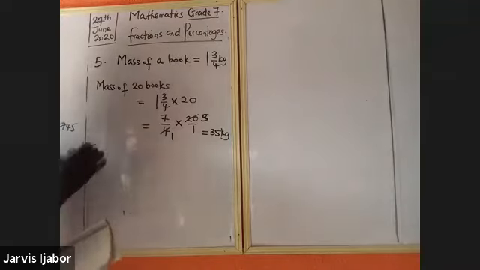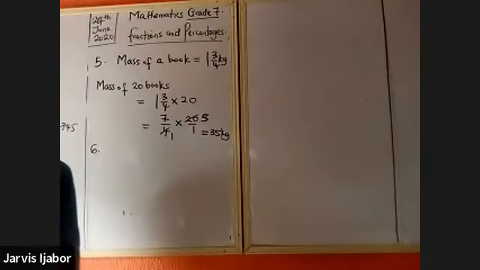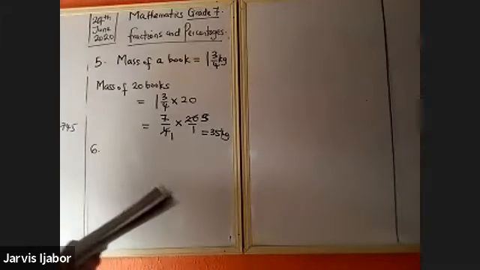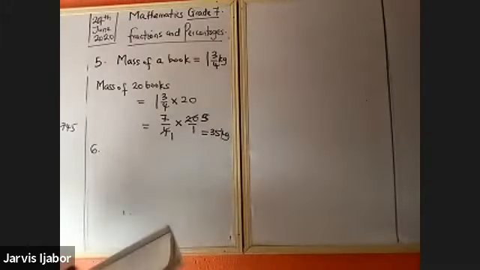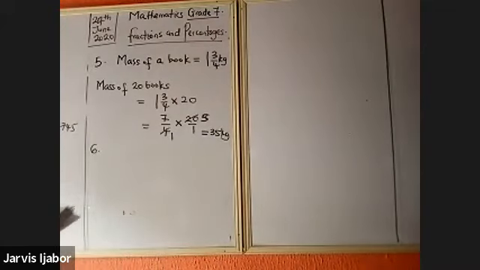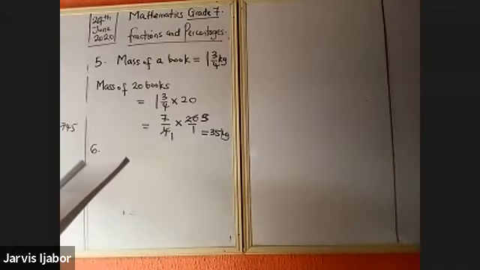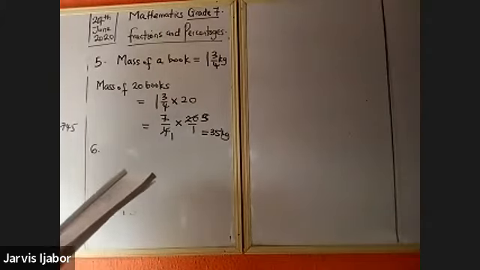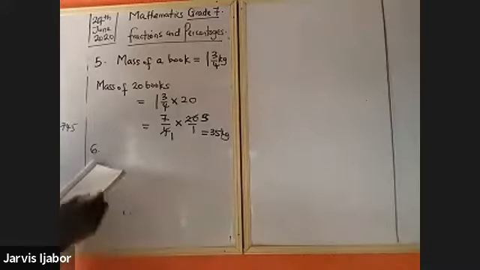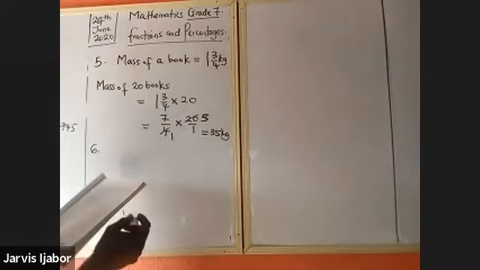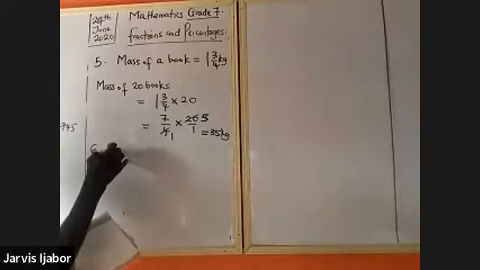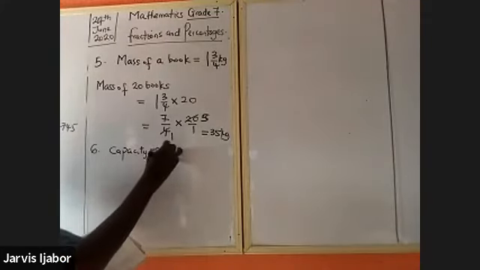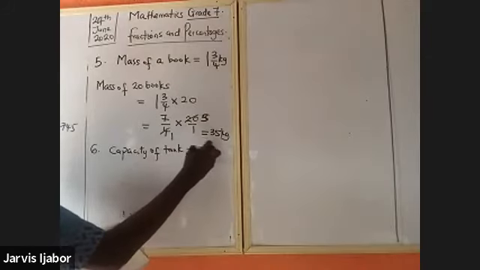In question number 6, it says that a tank holds 15 liters of water. A tank holds what? 15 liters of water. The capacity of a cup is 3 over 10 of a liter. So the capacity of the tank is what? 15 liters.